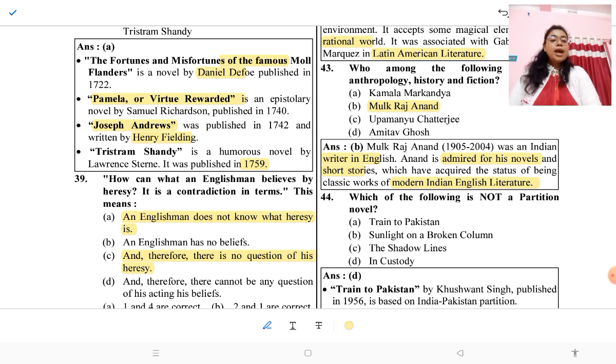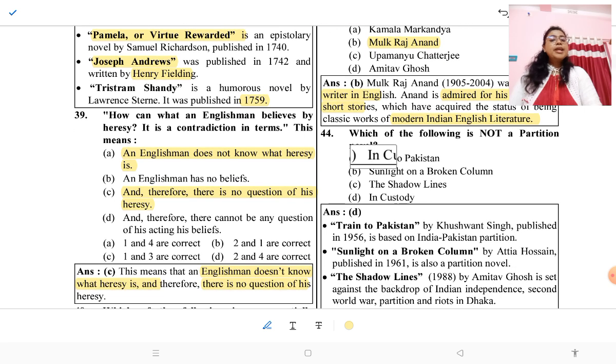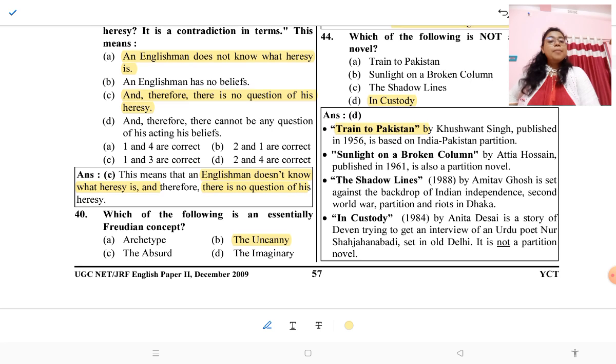Then, which of the following is not a partition novel? The answer will be D, In Custody, because Train to Pakistan, Sunlight on a Broken Column, and The Shadow Lines are partition novels. Train to Pakistan by Khushwant Singh, a famous novel published in 1956, is based on the India-Pakistan partition.